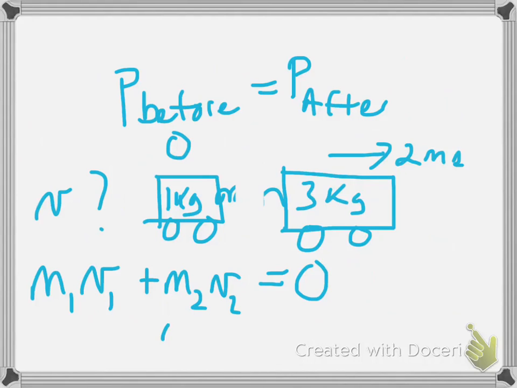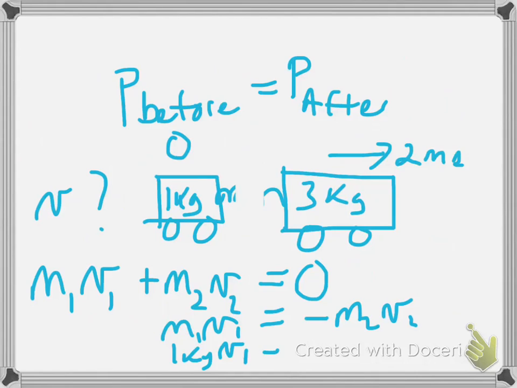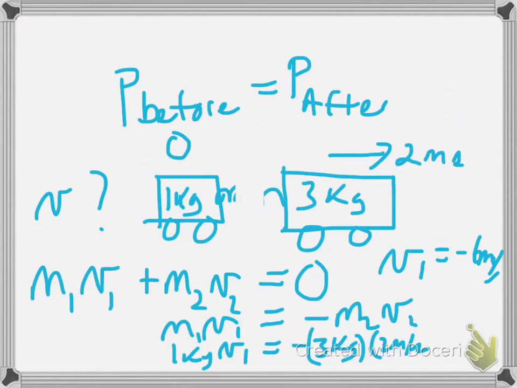So really what it comes down to is m1 v1 equals negative m2 v2. The mass of cart 1 is 1 kilogram, and we're looking for that velocity. Then we have negative 3 kilograms times 2 meters per second. If you do the math, v1 comes out to be negative 6 meters per second. That means it's traveling 6 meters per second, and the negative means it's going in the opposite direction. So that's the basics of conservation of momentum if we're starting from rest.